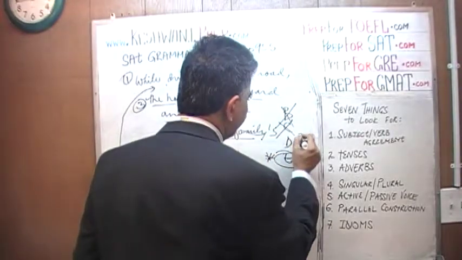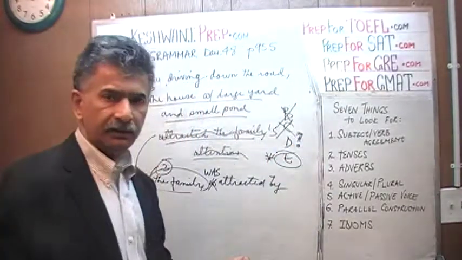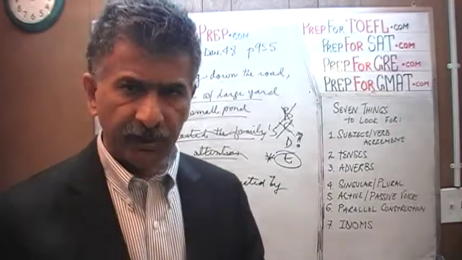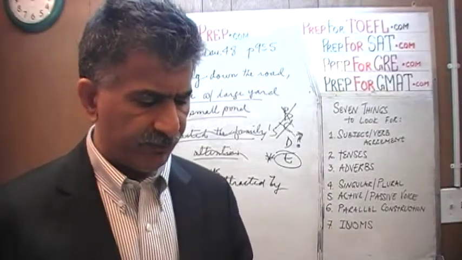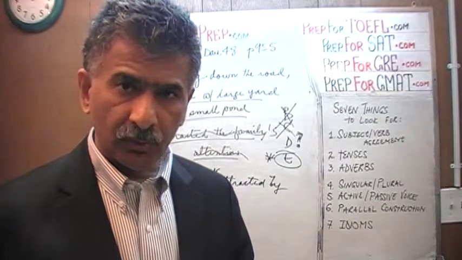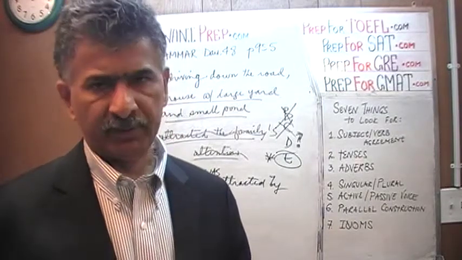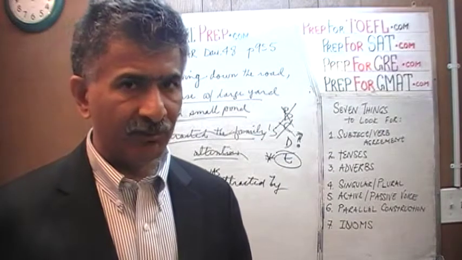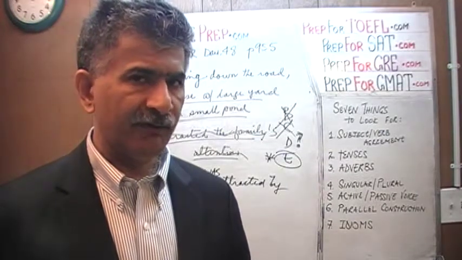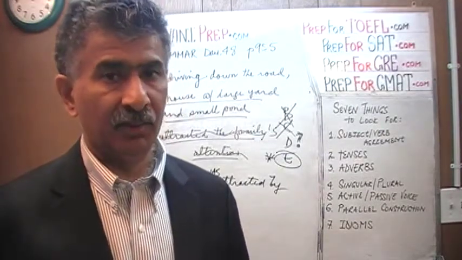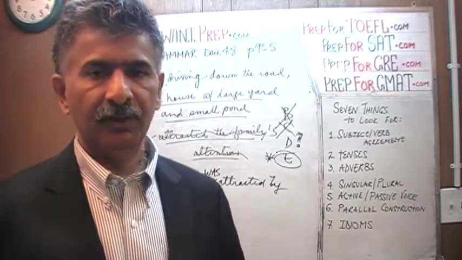What is wrong with D? Let's read D one more time. It says, while driving down the road, family's attention was attracted. The way D is written, it sounds like it was the family's attention that was driving down the road and not the family itself.